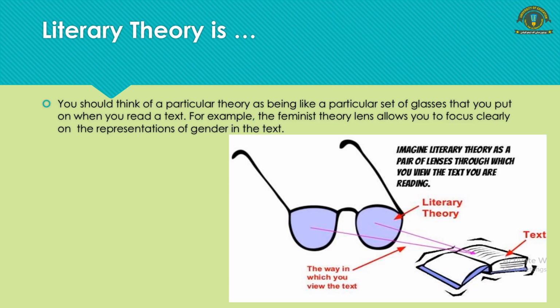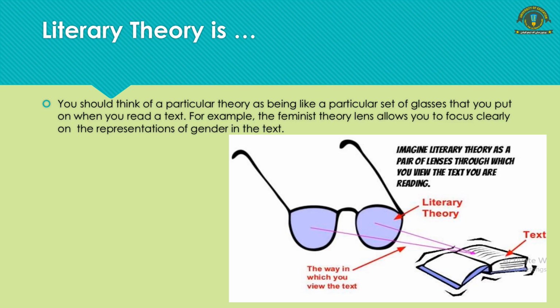if I take feminist theory as a lens, these glasses will help me in focusing on the text only in terms of gender representation. Feminist theory is about the rights of women, and it discusses the role of women in patriarchal society, the society that is ruled over by men.